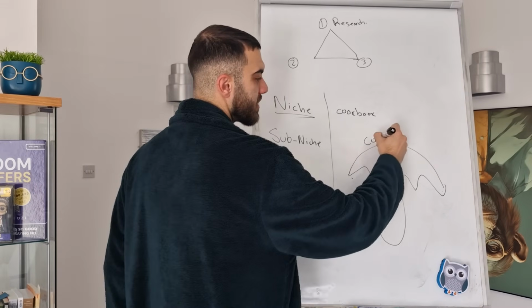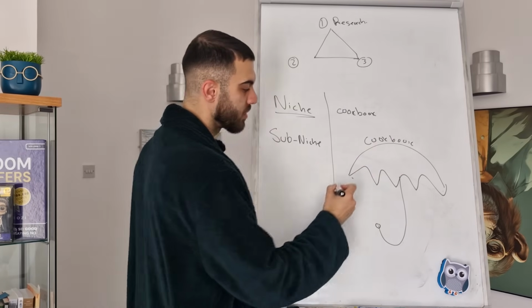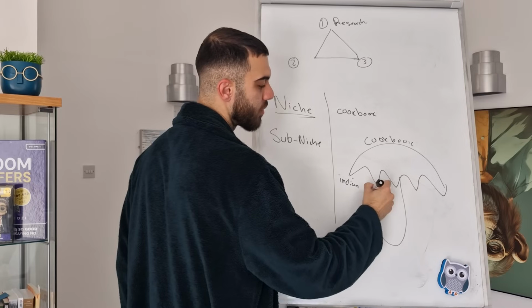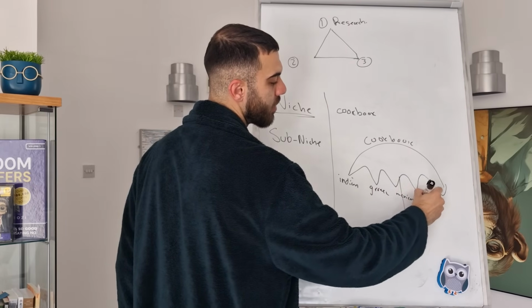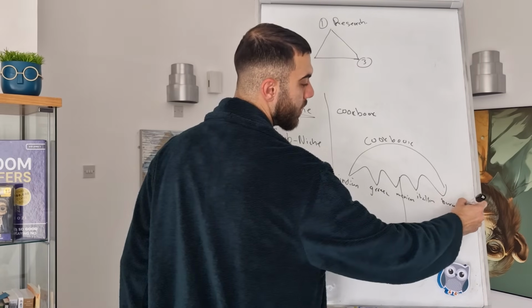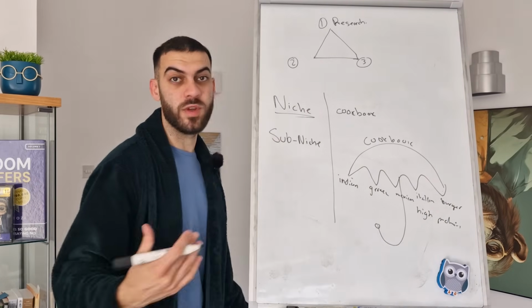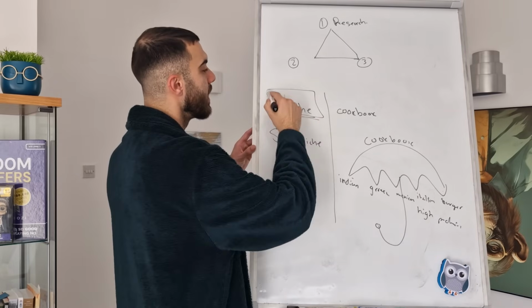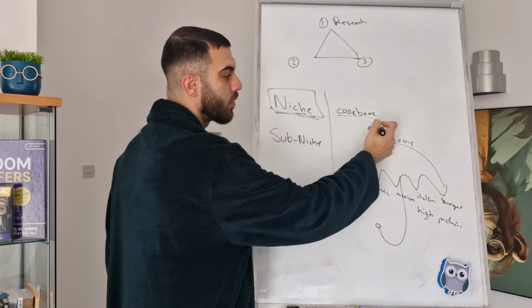Then if this is cookbook, then other types of cookbooks can come out of it. So we can have Indian cookbook, we can have Greek cookbook, we can have Mexican cookbook, we can have Italian cookbook, we can have all sorts of cookbooks, we can have a burger specific cookbook, we can have a high protein cookbook. So there's so many different types of cookbooks that we can make. So a niche is way too broad for us to make a decision if we're going to publish a cookbook or not.